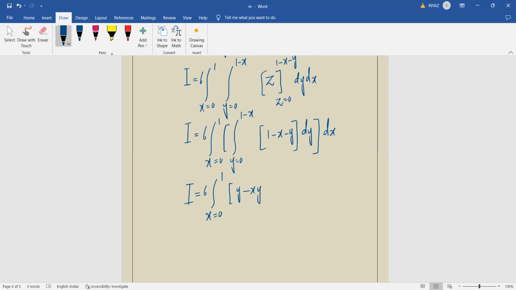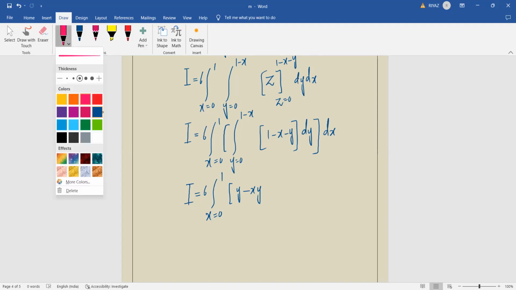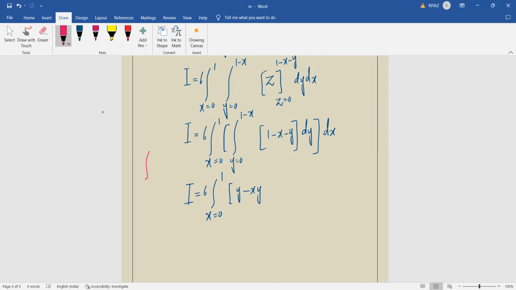See, x with respect to y: we pull the x out, 1 dy, which means x into y. Clear?